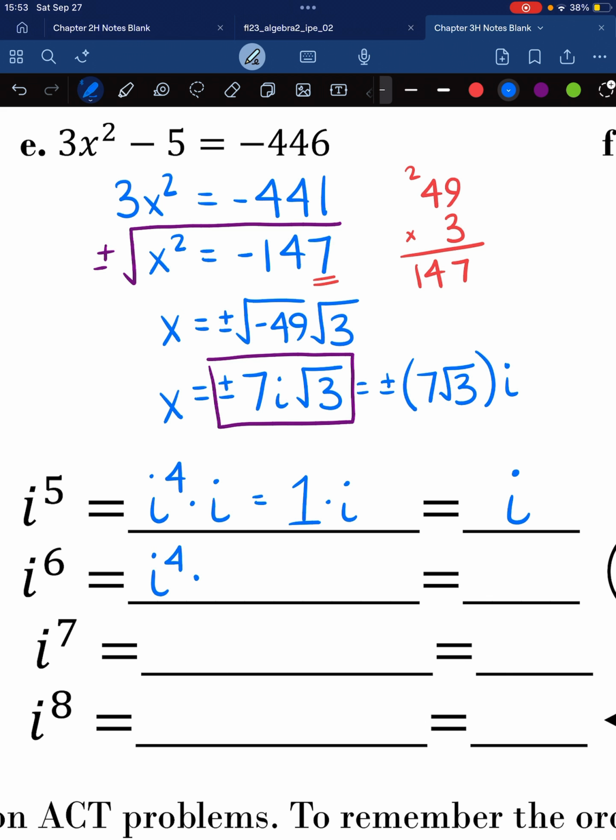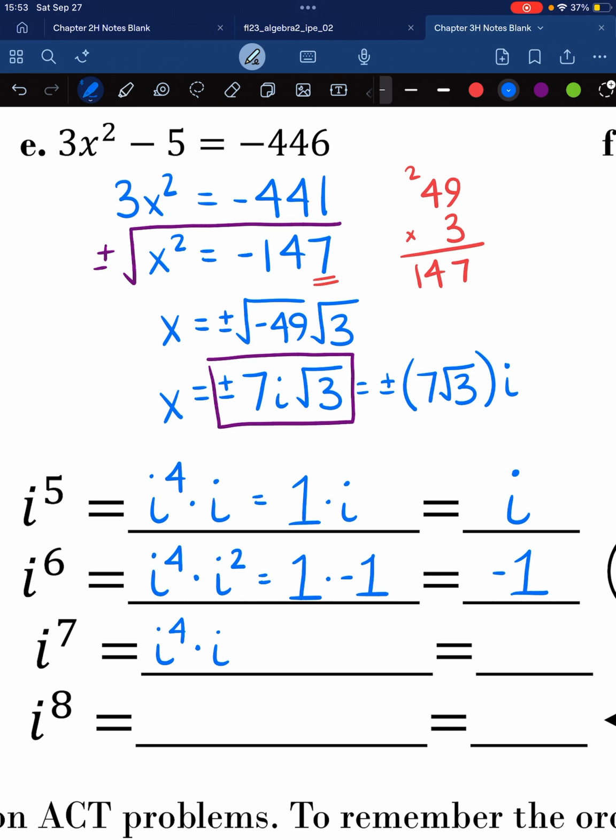Okay, I'm going to use the associative property for i to the 6th. We end up with, I'm going to group 4 i's together, and that leaves 2 i's separate. Well, I know i to the 4th is 1, and the most important one to know, i squared is -1. And +1 times -1 is -1.